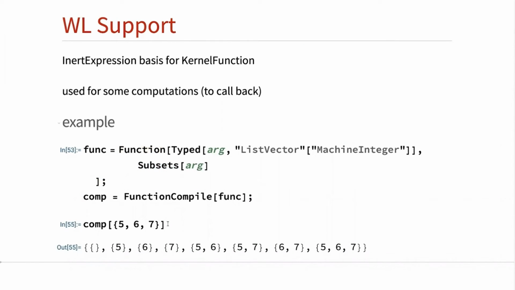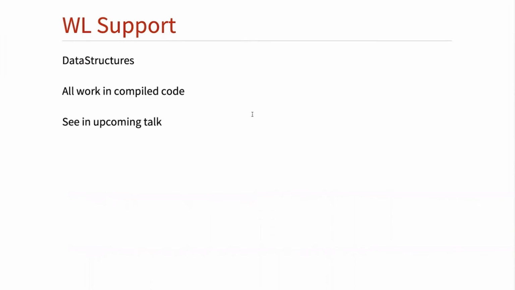If you have a list vector of machine integers, we can call subsets. This is working through the evaluator, but for subsets, that's a slightly expensive operation anyway.